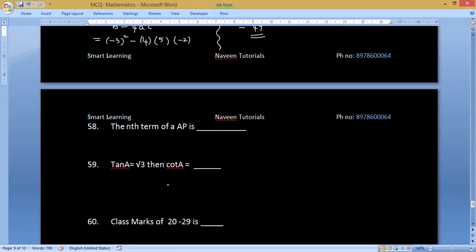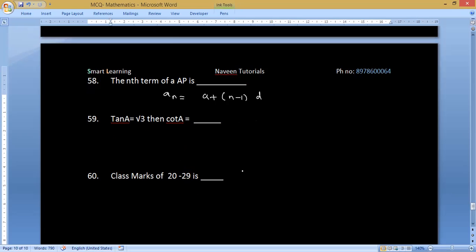Nth term of an AP. The nth term of an AP is nothing but an is equal to a plus n minus 1 into d, where a is the first term and d is the common difference. Next, tan a is equal to √3, then cot a is equal to dash. Tan a is equal to √3.